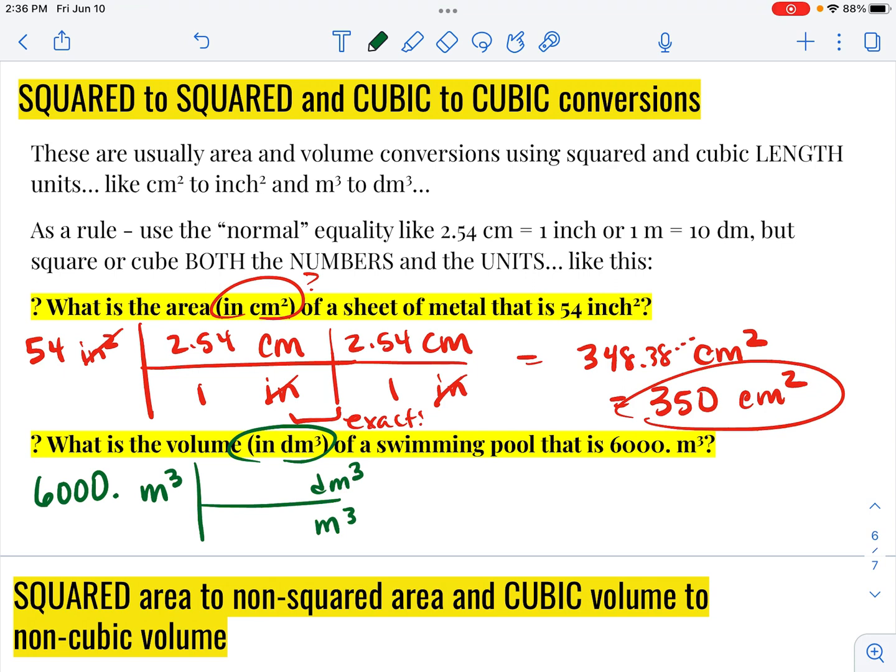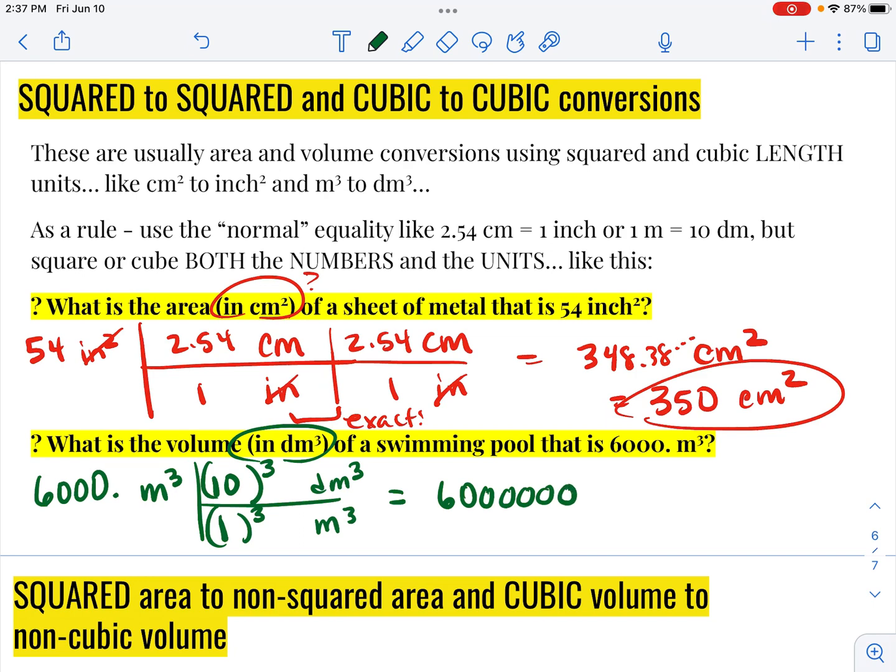And if I were doing this in linear fashion, 1 meter would be 10 decimeters. But since I've cubed the meters, I have to cube the number, and I've cubed the decimeters, I have to cube the number. So this is really 10 cubed over 1 cubed. All right. If you want, you can figure out what 10 cubed is. I just punch in 6,000 times 10 raised to the third. So when I do that, I get 6 and 6 zeros.